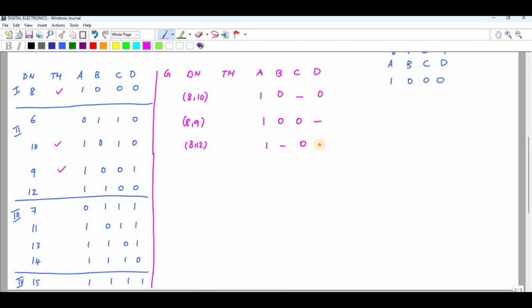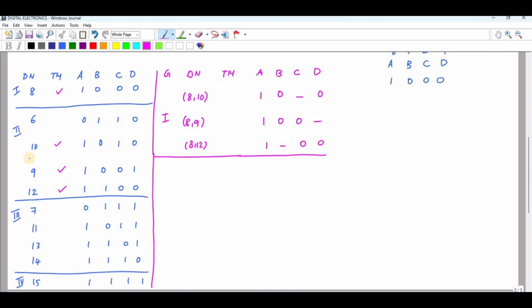After writing 8 comma 12, you have to tick 8 and 12. 8 is already ticked, so I have left it out. Now this is your first group. I have completed the grouping of the first and second group element.